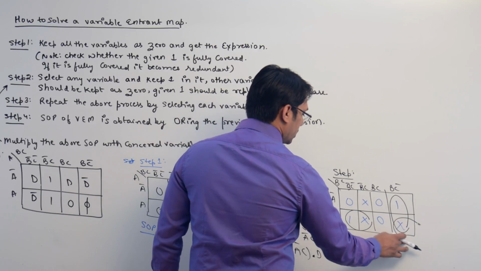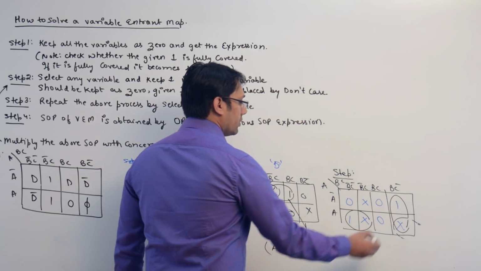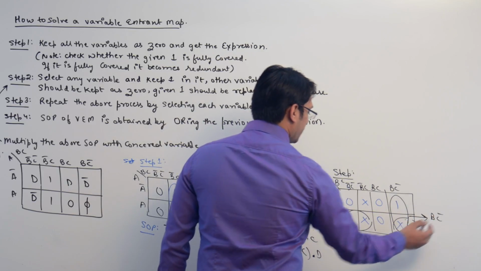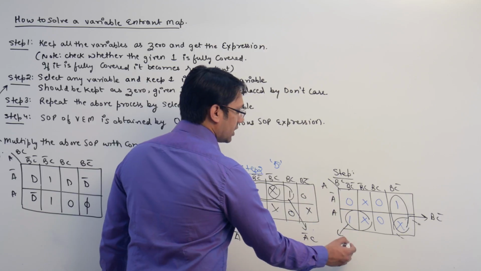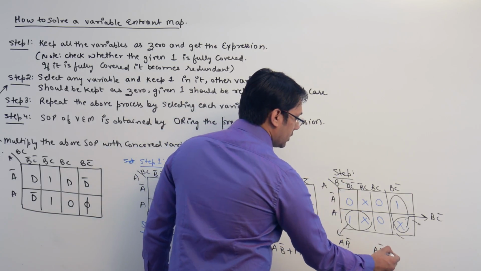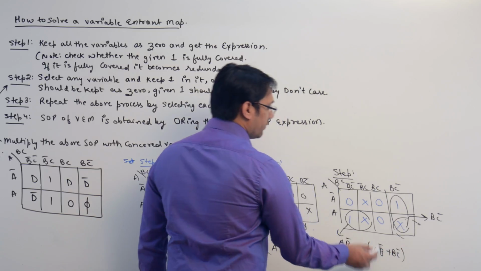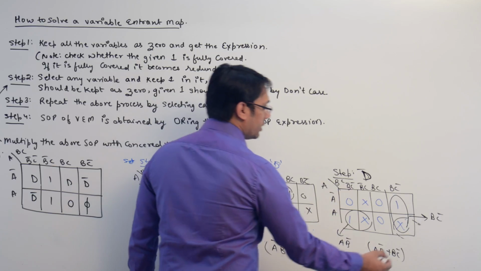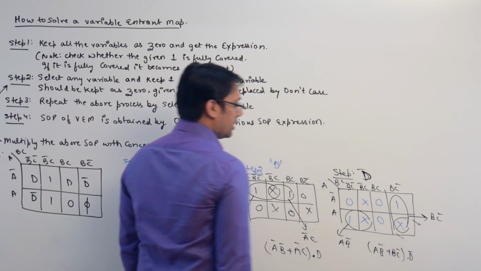No need to make this combination, that will be better. This combination is representing BC complement, this combination is representing A B complement. So the SOP expression for this will be AB complement plus BC complement, and we drew this for D complement, so dot D complement.